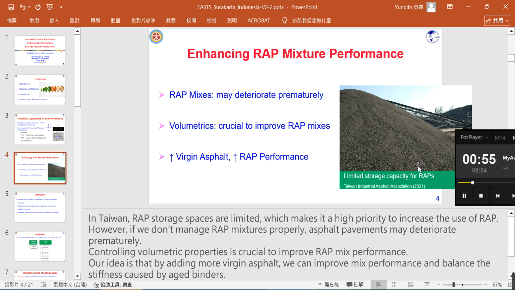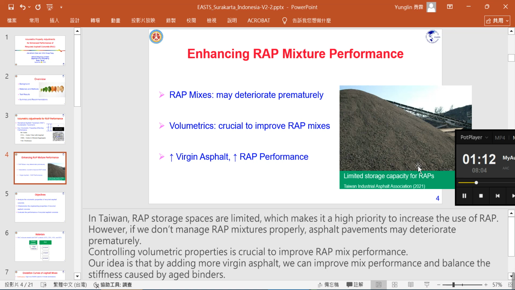Enhancing RAP mixture performance. In Taiwan, RAP storage spaces are limited, which makes it a high priority to increase the use of RAP. However, if we don't manage RAP mixtures properly, asphalt pavements may deteriorate prematurely.